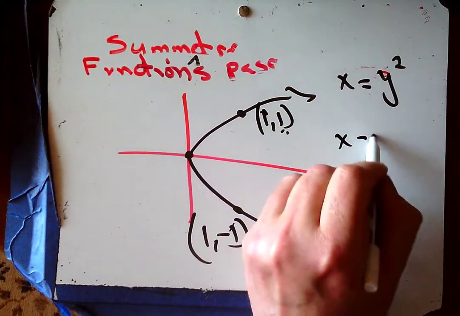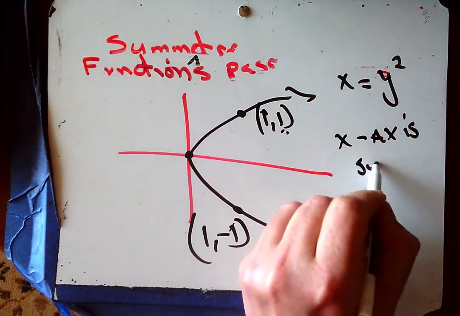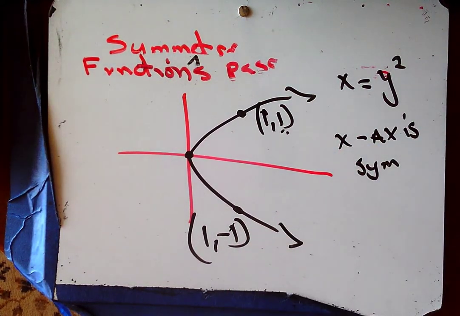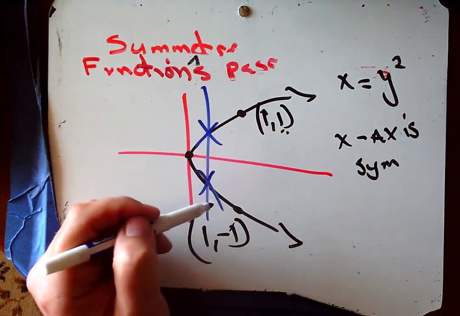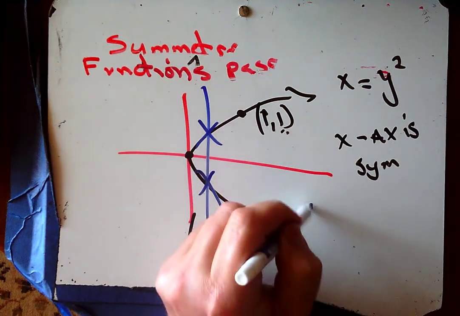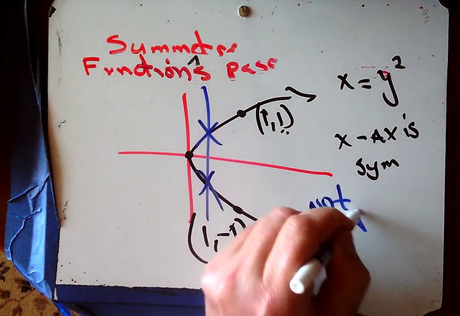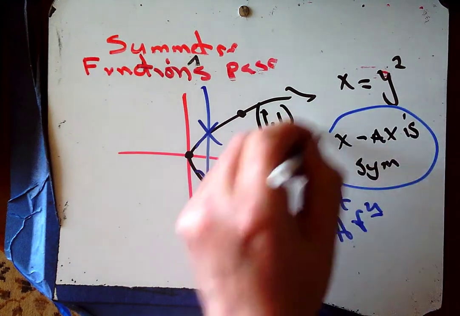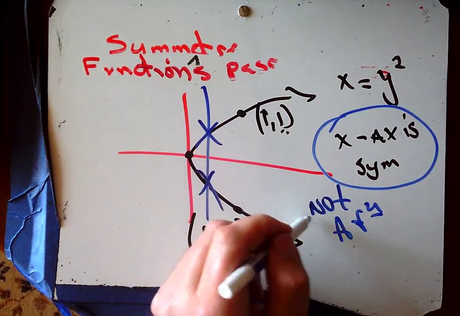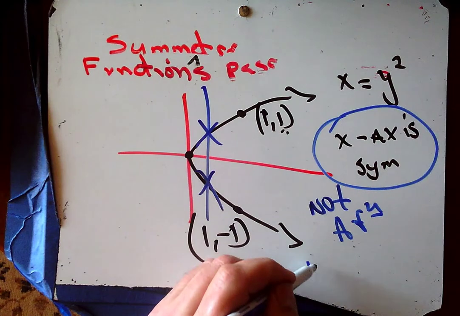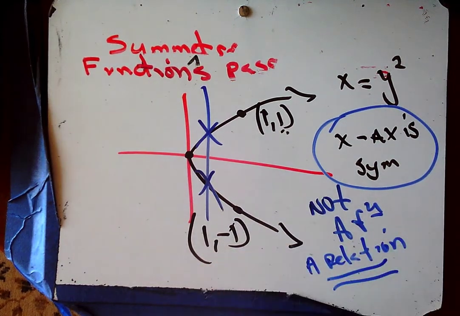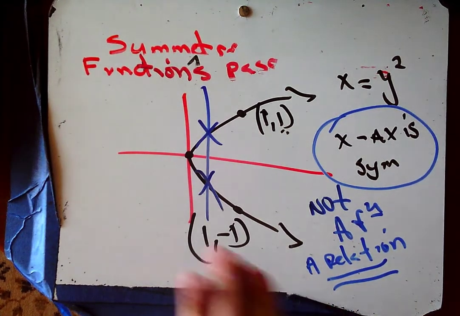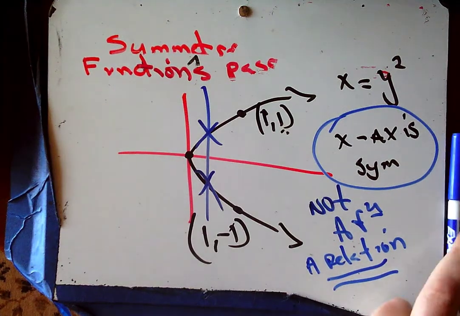So this is x-axis symmetry. But what I notice is, does this pass the vertical line test? Why, no, it doesn't. So this is not a function. If what we're looking at has x-axis symmetry, it is not a function. It could be a relation. There's a relationship between inputs and outputs, but this is not a function because it fails the vertical line test.